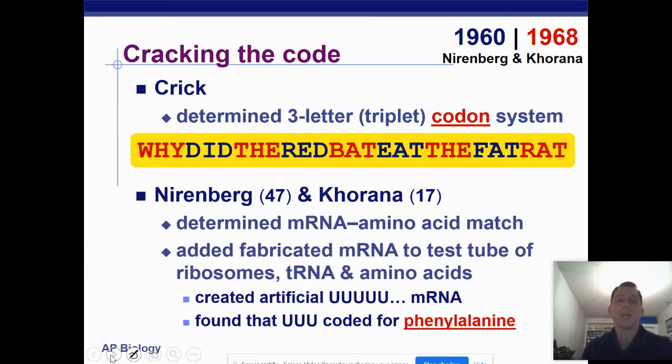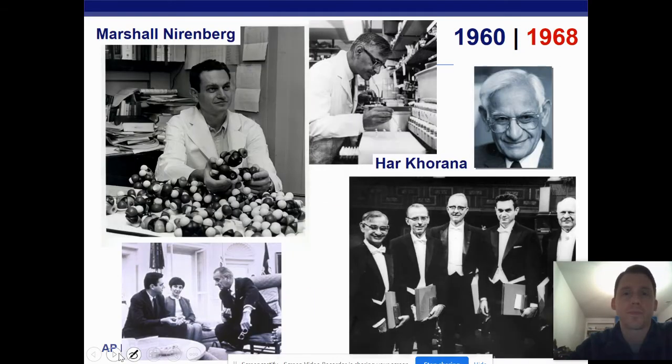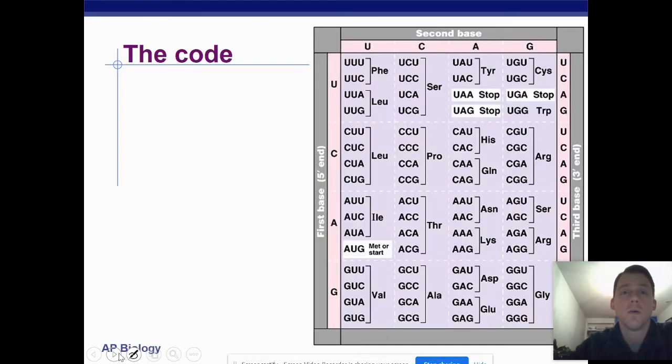They added fabricated mRNA to a test tube that had the necessary components. They created artificial UUUUU mRNA, and they found out that all of the U's coded for phenylalanine. They did this to figure out what the code was. There they are, the people who cracked the code.